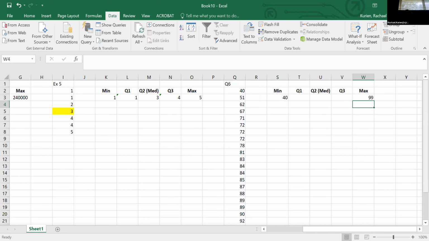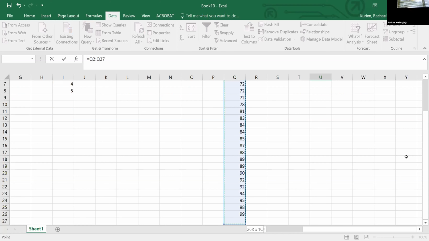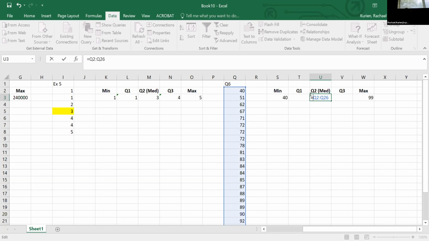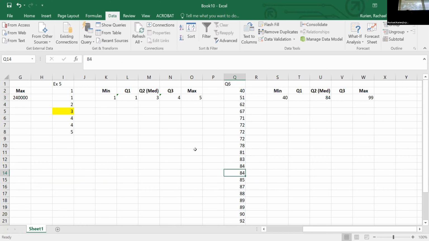And then hit enter, and you can see that the biggest number is 99. All right, now let's find our median. What is our middle value? Got to type in median. And our middle value is 84.